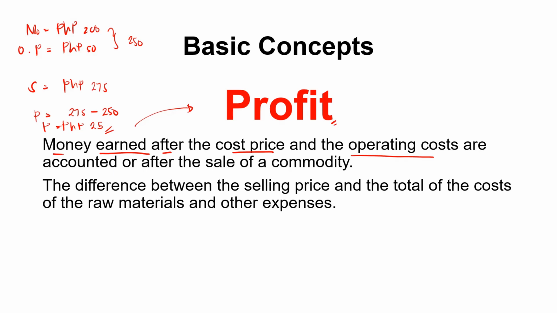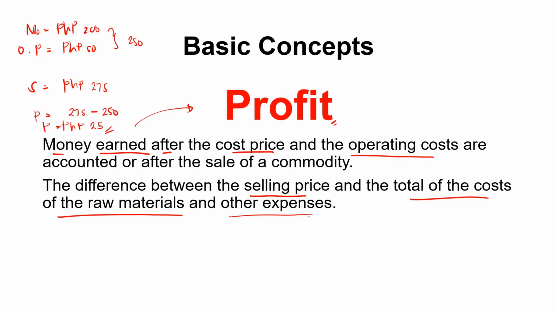Okay? So, sa operation mo, nabawas na yun, class. So, meaning, for you to get the profit, you have to get the difference between the selling price and the total cost of the raw materials and the other expenses. Okay po? So, that is for you to get the profit. Again, si cost price is yung original cost ng item mo, nung na-produce mo yung goods o yung service na in-offer mo. That's the cost price.